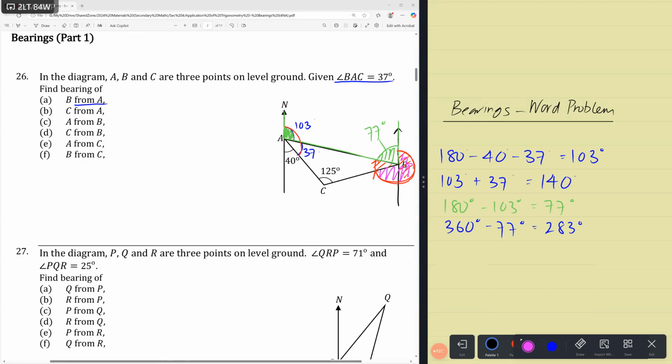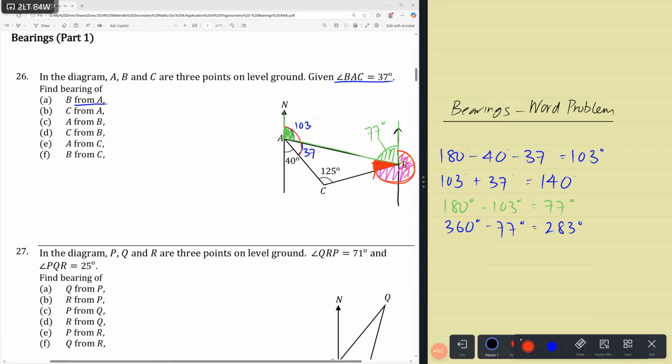Now that we have the angle at 77, what I can do is to find out this angle in the triangle that I'm going to shade in red. Because once I know this angle, I can just take 360 minus 77 minus the angle in red, and then I will get my bearing.